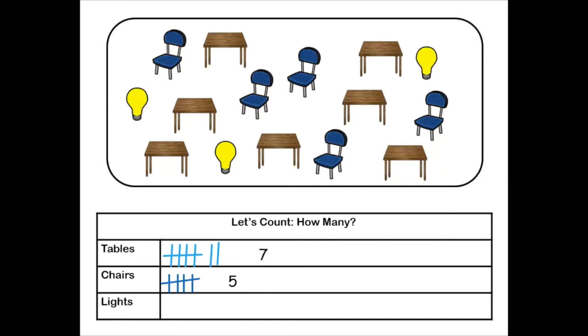Okay. Now, let's count the number of lights together. Ready? 1, 2, 3. There are only 3 lights. And we made 3 tally marks, or we could write the number 3 to show how many lights we found. Great job. Okay. Now, before we get to interpreting our data, let's see if we could just look at our table and our pictures.